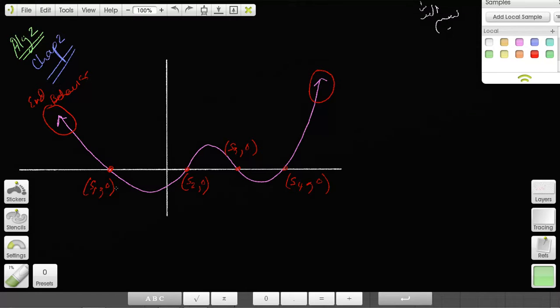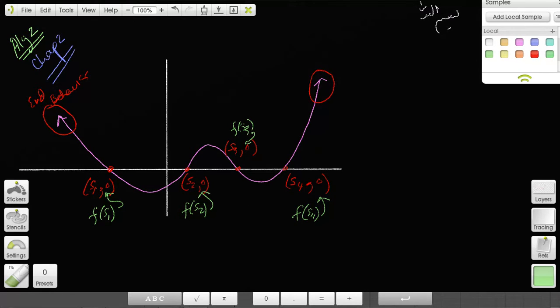Then I said another way of saying this is that a zero is where f of that input is 0. So f of S2 is going to be 0, and f of S3 is going to be 0, and f of S4 is going to be 0.